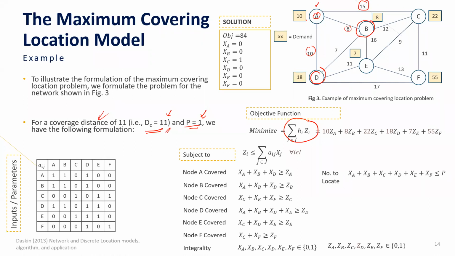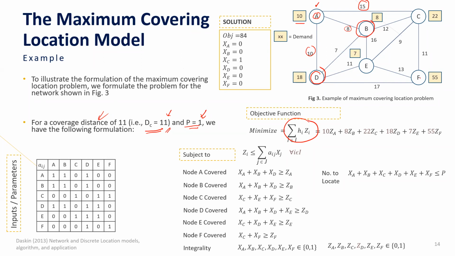The total demand covered when you open A as a facility is 10 plus 8 plus 18, so it's 36. Yeah, the total demand if you select A is 36.